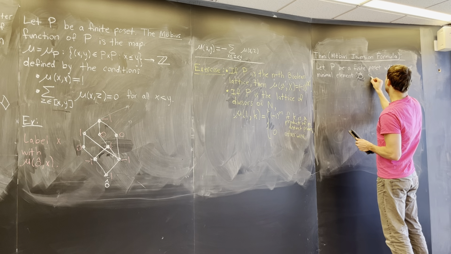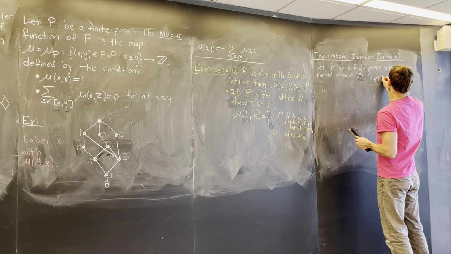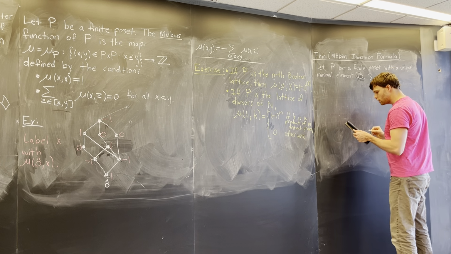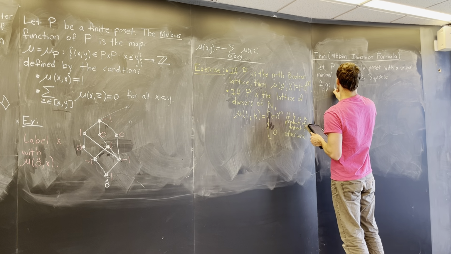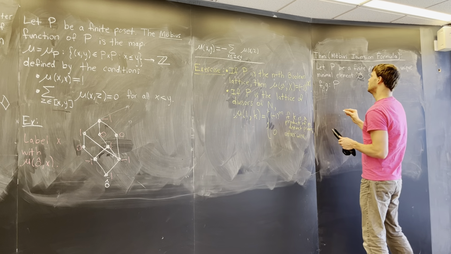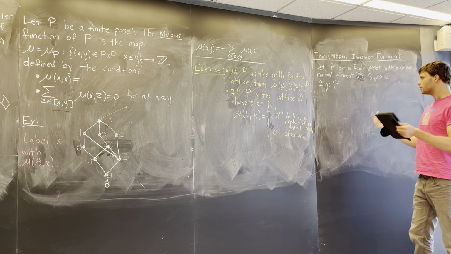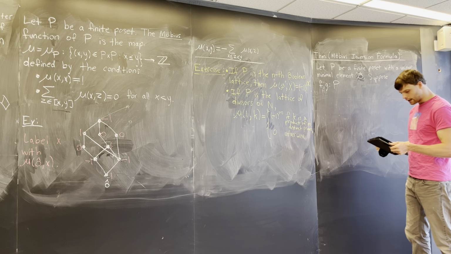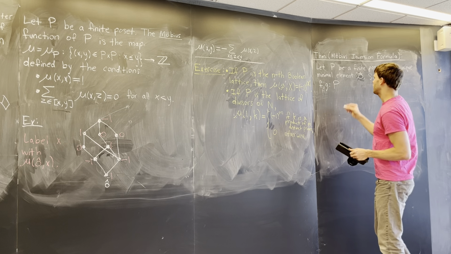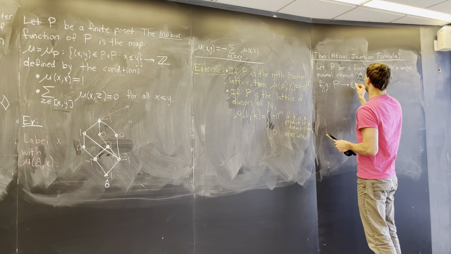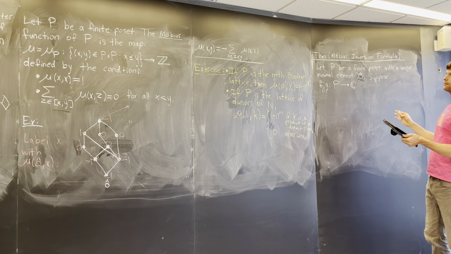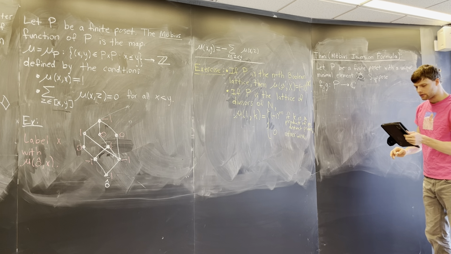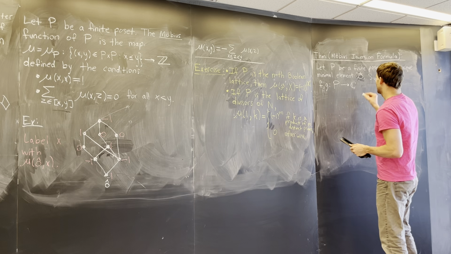And let's say I have two functions, f and g. So f and g will both be functions that go from the poset P to, well, some field. I'll just say the complex numbers, but it could be really whatever. It could be a ring, or yeah, let's say a field. But anyway, let's take it to be the complex numbers.